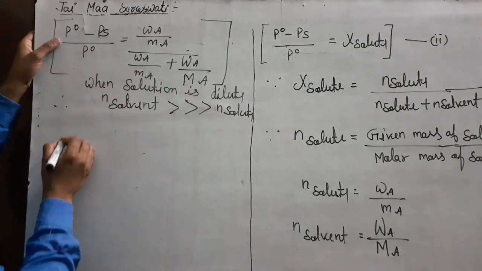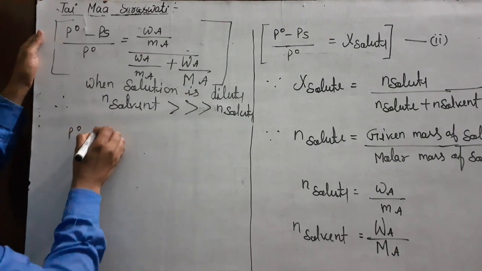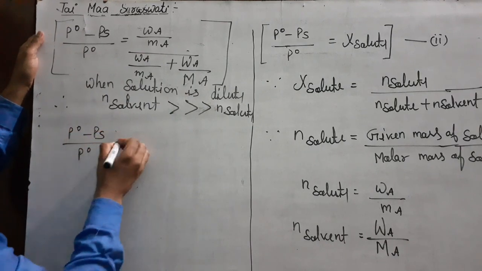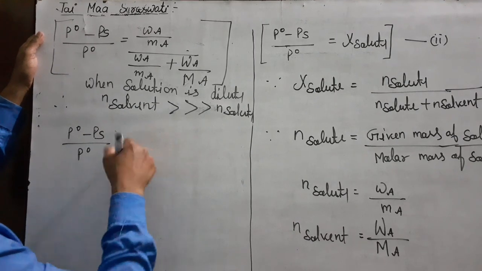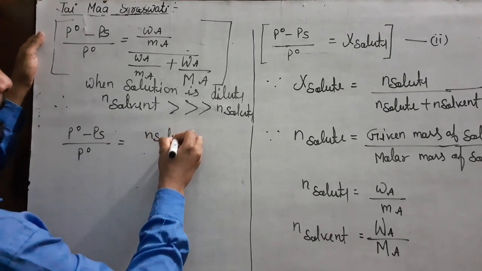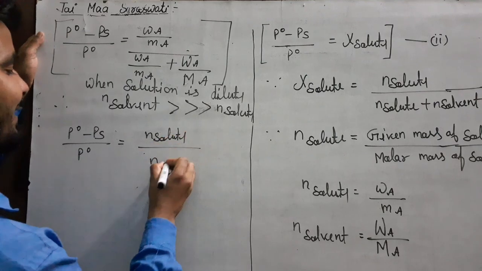So directly I can say P naught minus Ps upon P naught is equal to n solute upon n solvent.